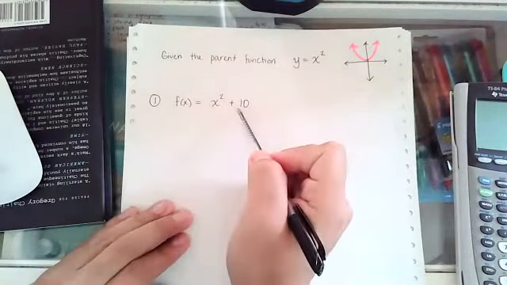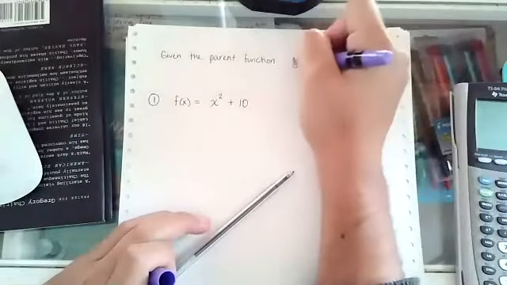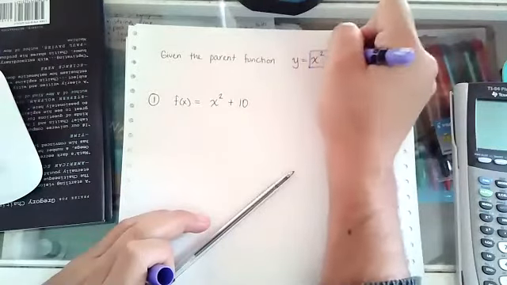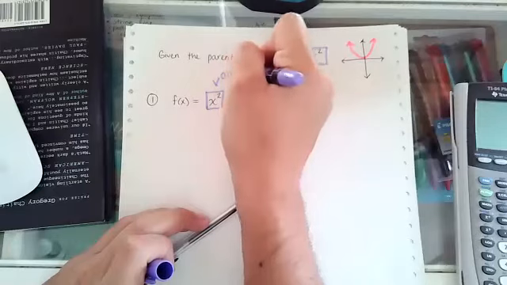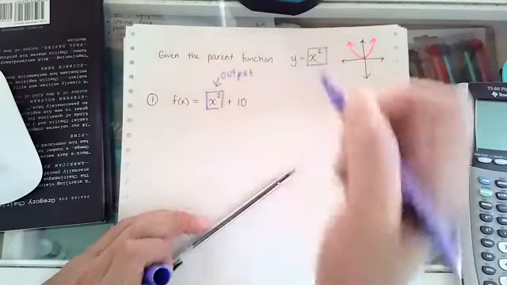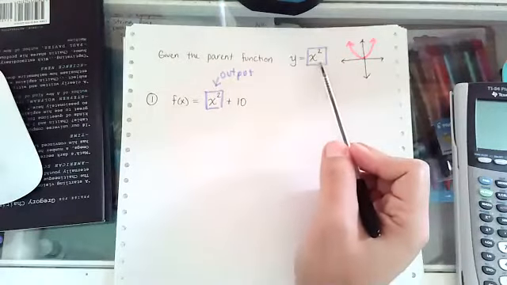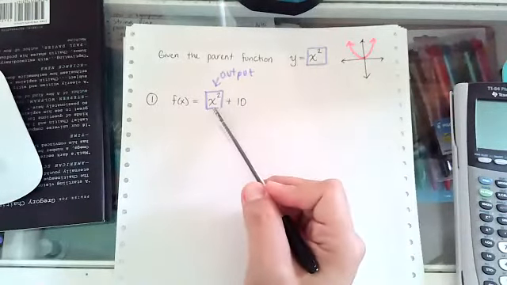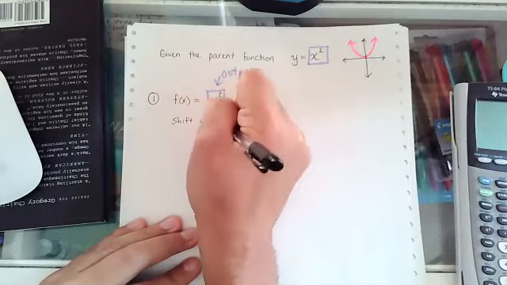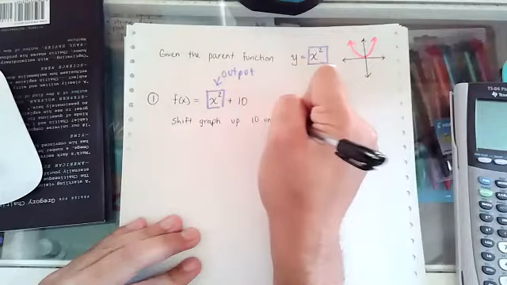Our output is being manipulated. So y is equal to x squared. So you can think of this x squared as being the output. And compared to the original parent function, we're adding 10 to the output. So this should shift our graph of our parent function up 10 units.